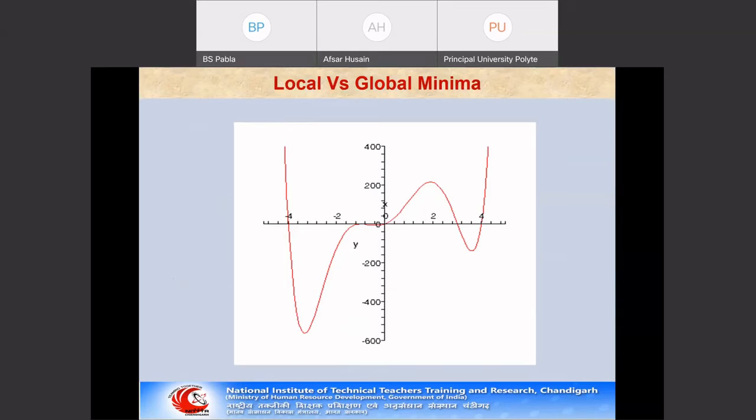There is another term. It's called local versus global minimum. You see, we are trying to have a value within the given range of variables. Let's say I say my depth of cut can vary from 0.1 to 5 millimeters.